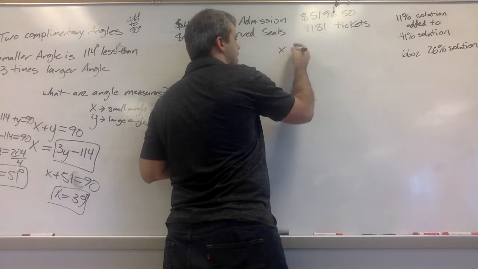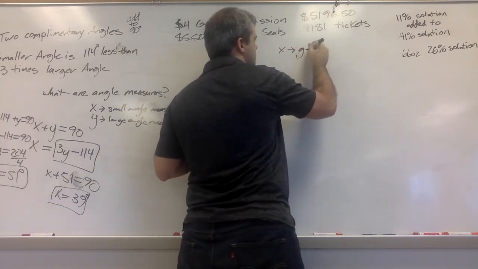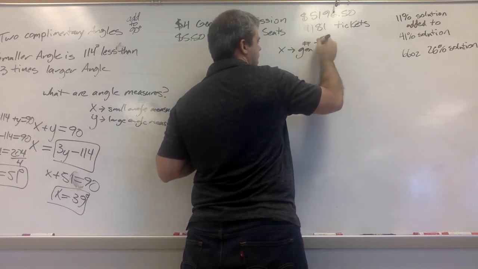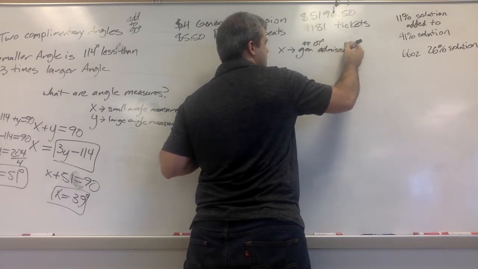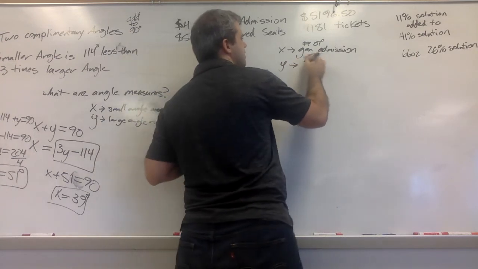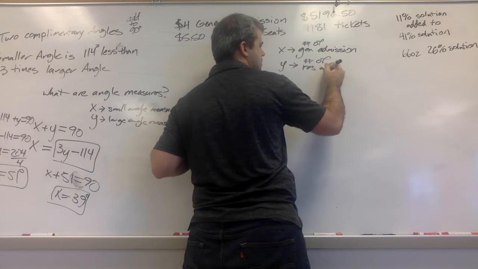So again, I'm just going to write x is the number of general admission, and y is the number of reserved admission.